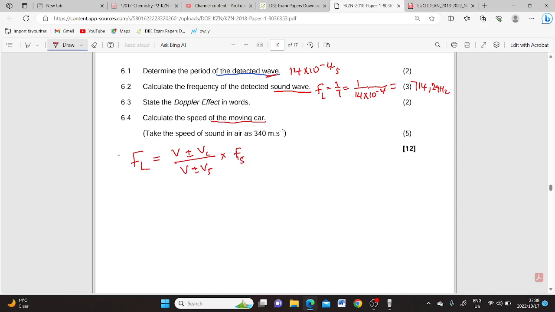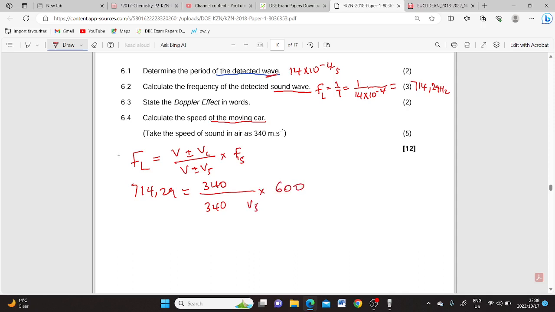So we have the frequency of the listener as 714.29 equals 340. Our listener is stationary, then we have a moving source, so we have 340 plus or minus the velocity of the source, multiplied by 600.